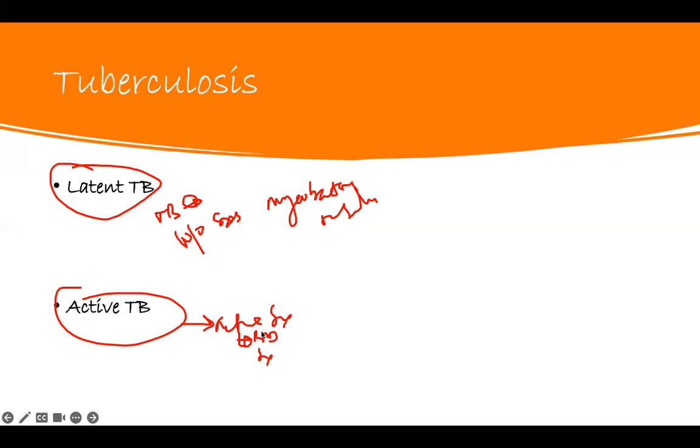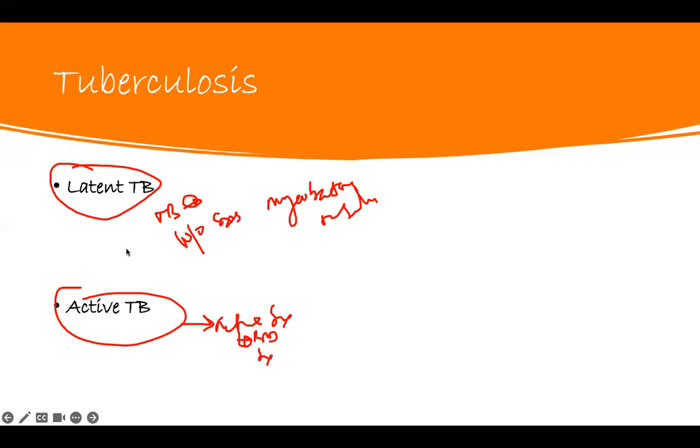So when somebody gets infected, the bacteria get into the system, your body fights against the infection, and you store these bacteria mostly in your lung as granulomas, and they become latent and dormant.